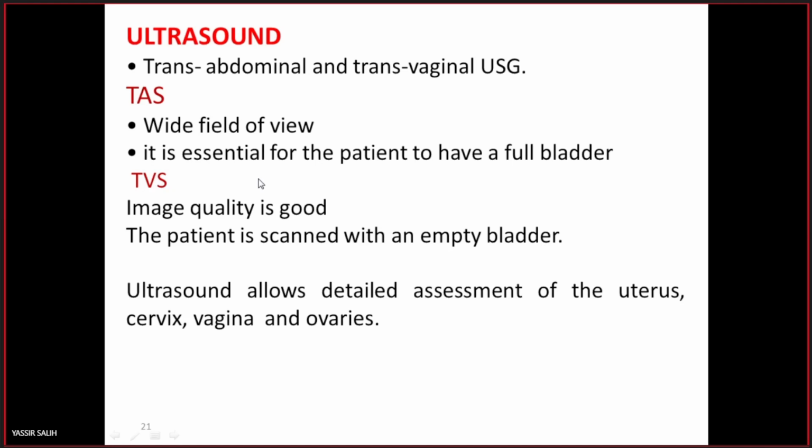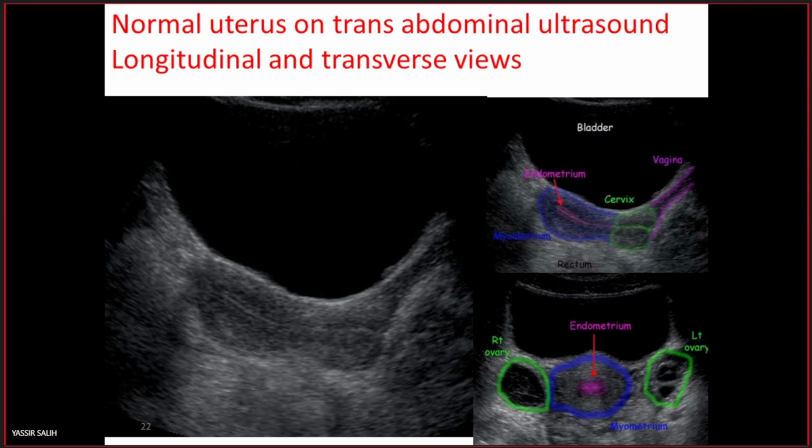And transvaginal طبعا has good quality images, حتى the spatial resolution and contrast resolution are very clear. Even a very small lesion can be detected by transvaginal ultrasound. So ultrasound, either transabdominal or transvaginal, can be used for assessment of the uterus, cervix, vagina and ovary.